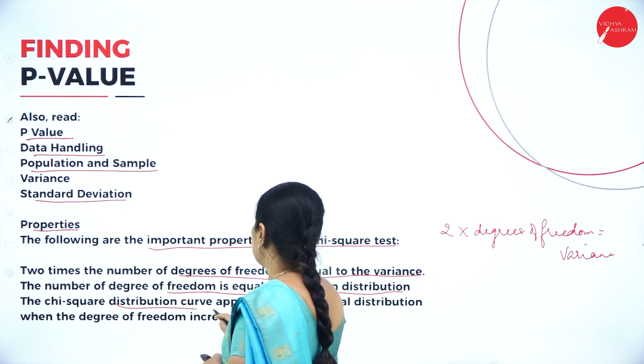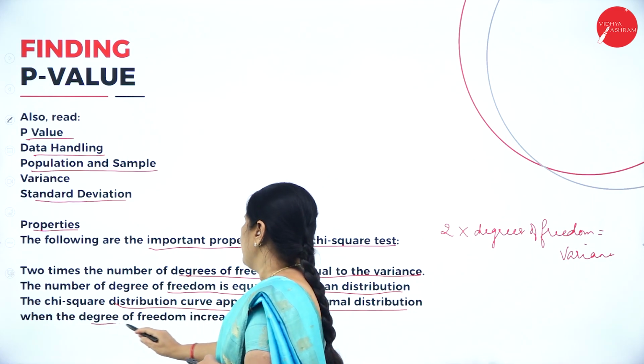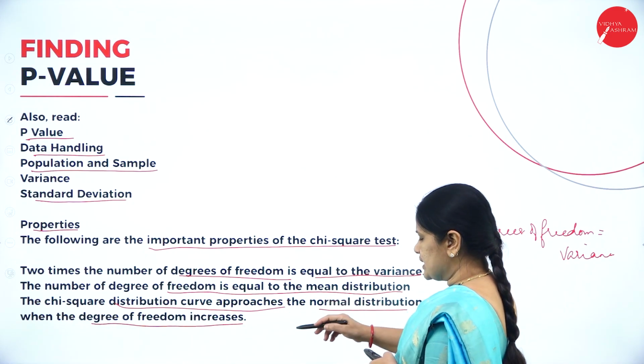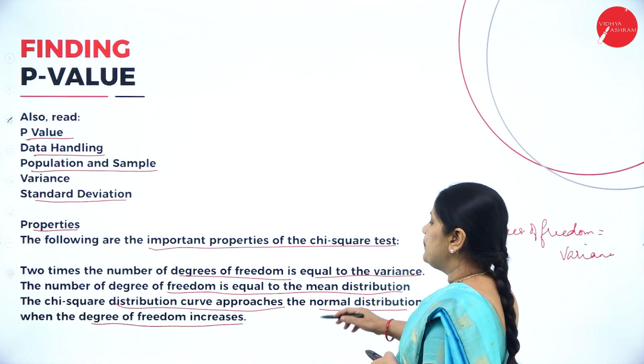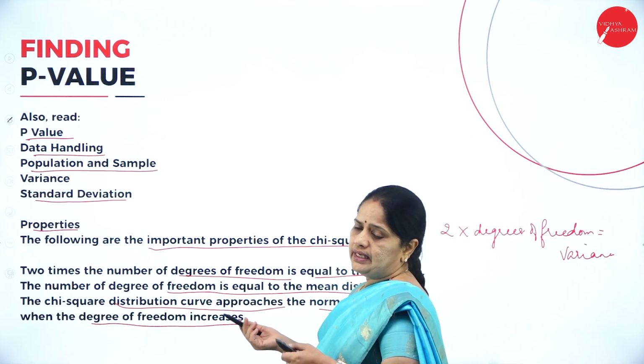The chi-square distribution curve approaches the normal distribution when the degrees of freedom increase.